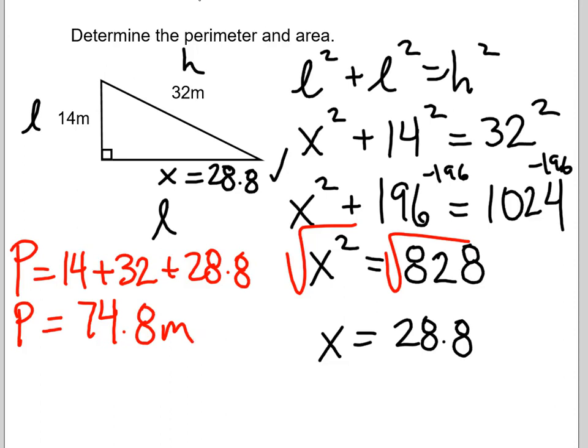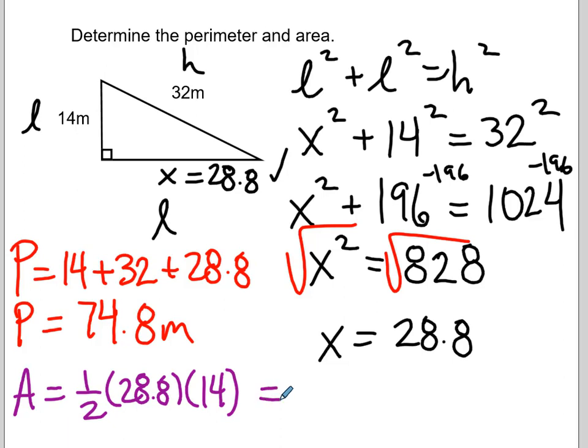And then area, that would be 1/2 the base times the height. Oops, let's try this again. 0.5 times 28.8 times 14 would be 201.6 square meters. Okay, my apologies for skipping that.